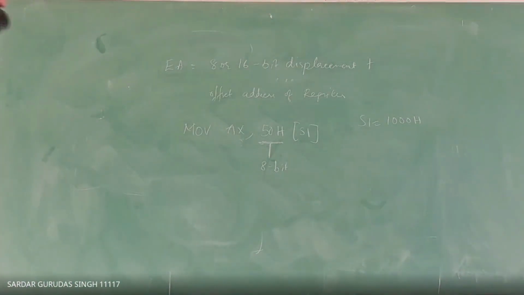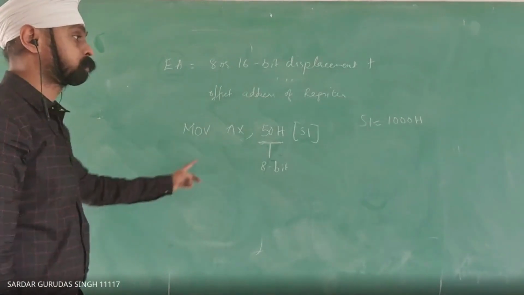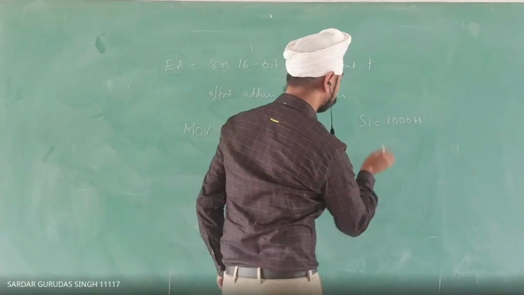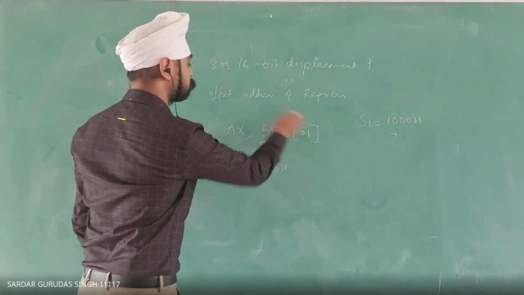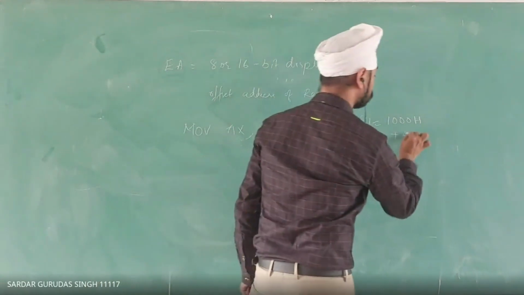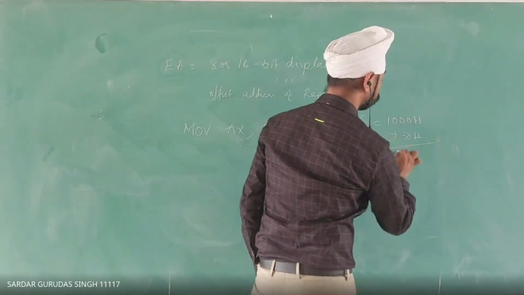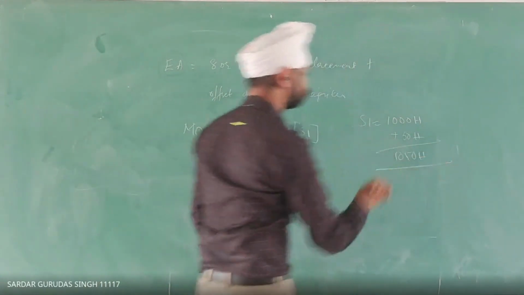What will be the effective address? 1050. Very good. You need to add this 1000 with what? Displacement, nothing but 50H. So it will make it 1050H.